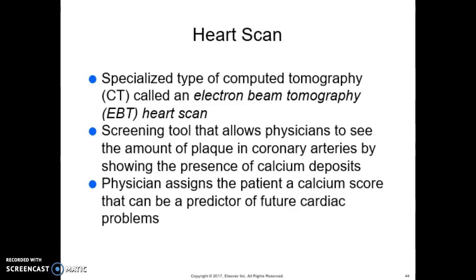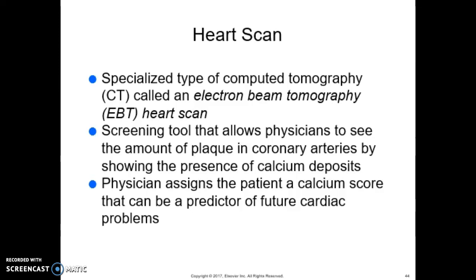Specialized type of computed tomography, CT, called an electron beam tomography, an EBT heart scan. It's a screening tool that allows physicians to see the amount of plaque in coronary arteries by showing the presence of calcium deposits.